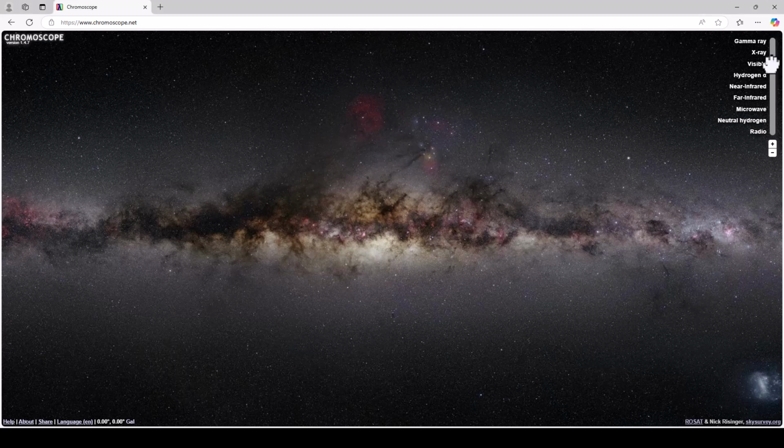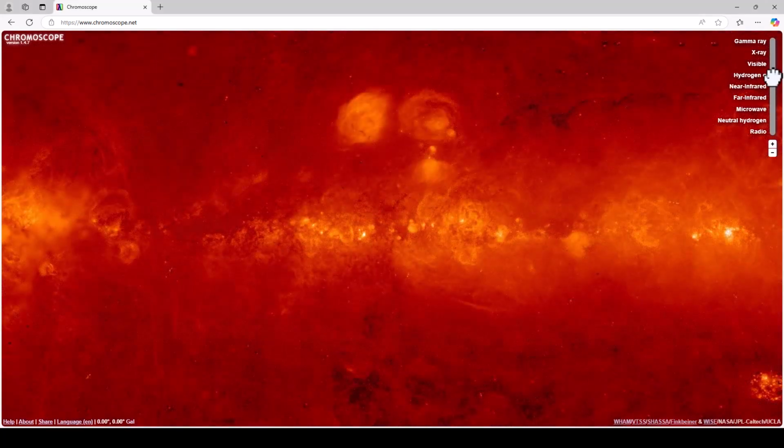Now, if we look at other wavelengths, for instance, right here I am looking just at hydrogen alpha, so the brighter spots, the spots that are more white, indicate that there's more emission coming just from hydrogen. So the idea here is you see some very specific spots where there is a whole lot of hydrogen alpha emission.